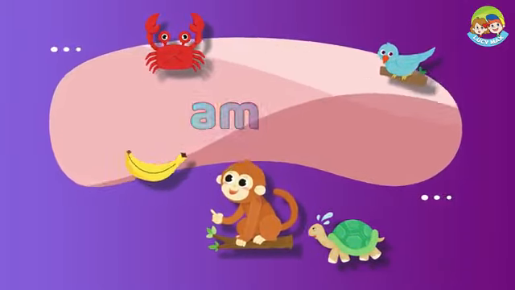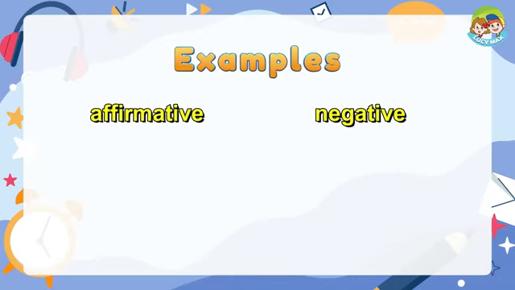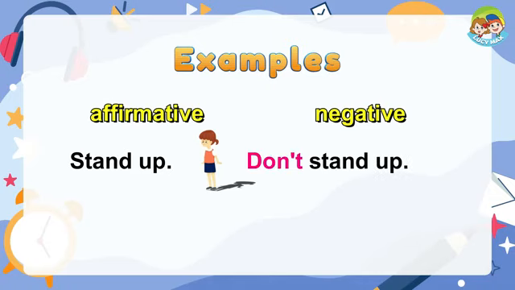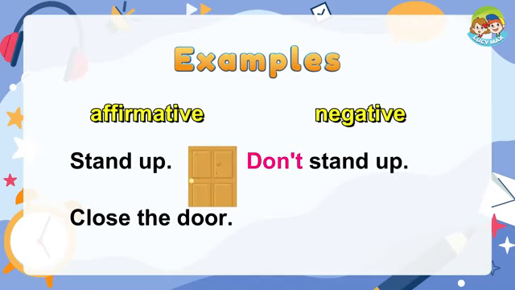Examples. Let's look at some examples. We will do affirmative to negative. The first one says, stand up. The negative is, don't stand up. The next one is, close the door.